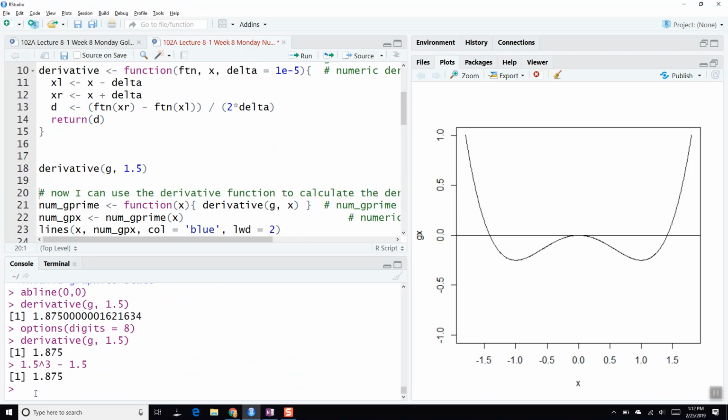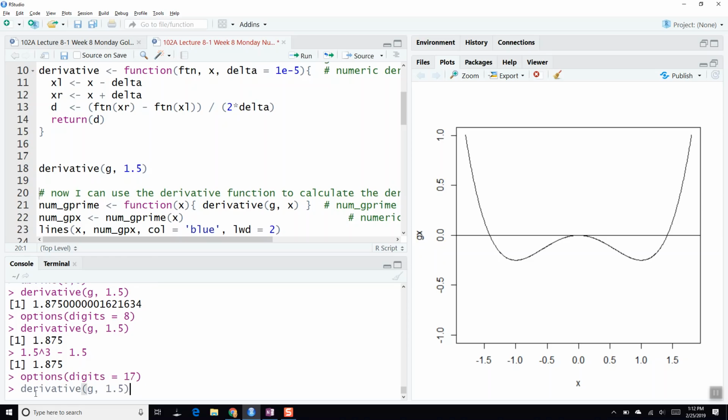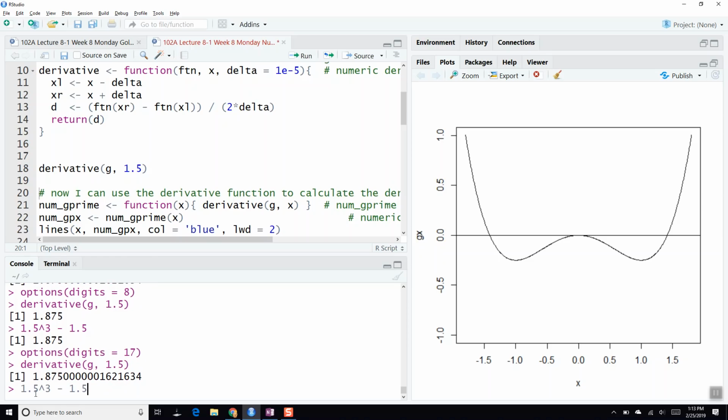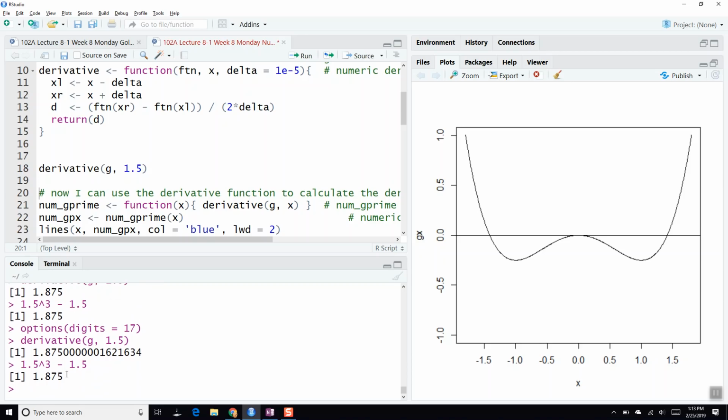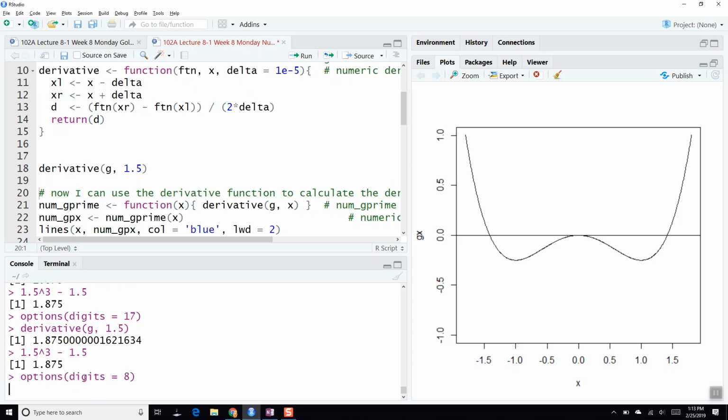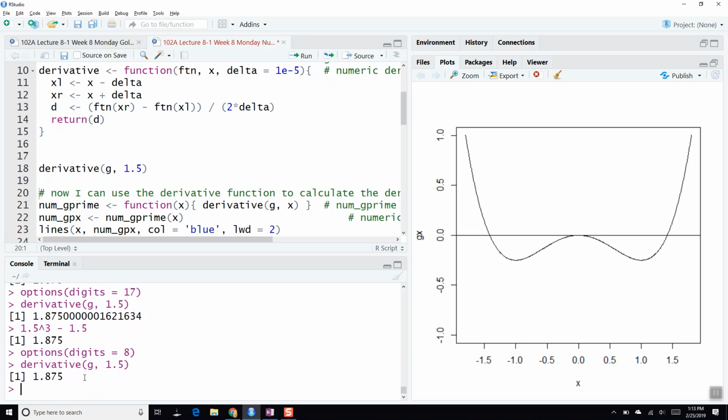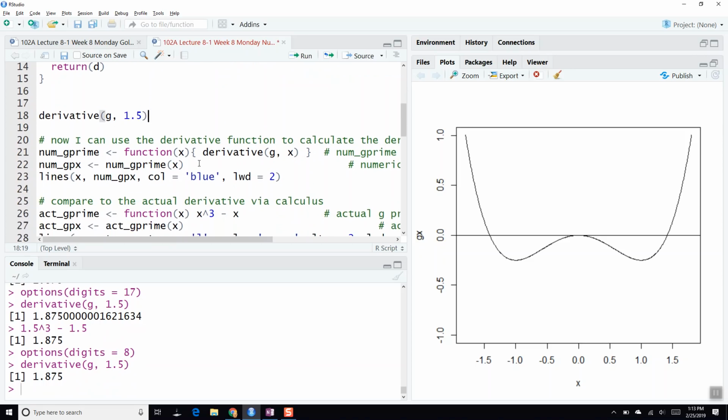And indeed I get 1.875. Okay? So we're getting pretty good approximations. Obviously if I keep more digits, the actual derivative, at least up to numeric floating point precision, gives me 1.875. So we're off by a tiny bit, but up to 8 digits, we're accurate. So I'm not too worried, okay? So that's the derivative right there.